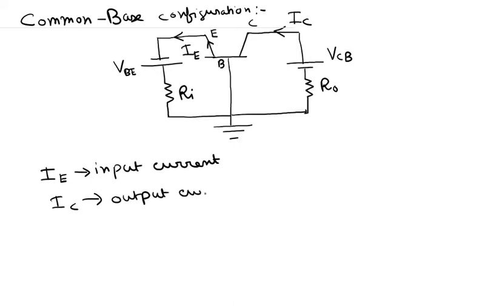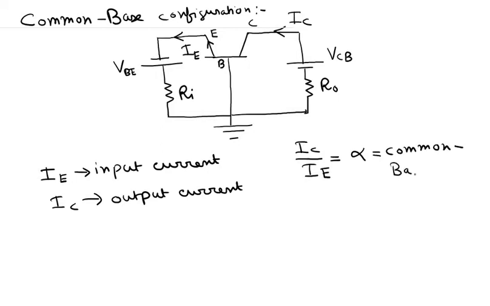And because the emitter current is the input current and the collector current is the output current, this ratio IC by IE is the ratio of the output to the input current for the common base configuration, and that is why this quantity alpha is known as the common base current gain.